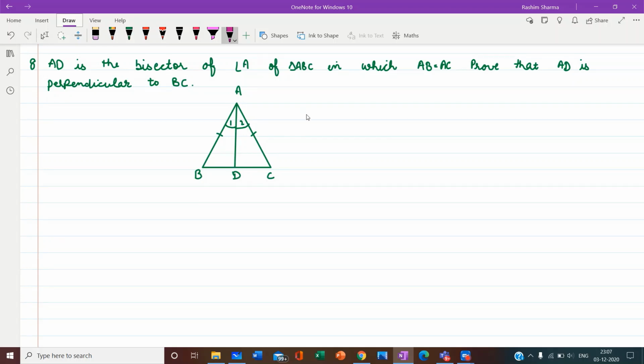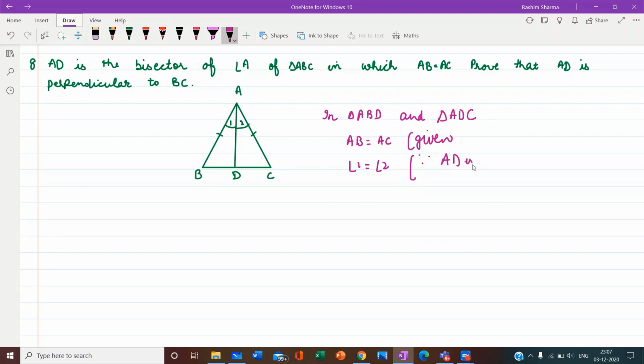Alright. In triangle ABD and triangle ADC, here we have AB is equal to AC. This is given. Then angle 1 is equal to angle 2. Why?